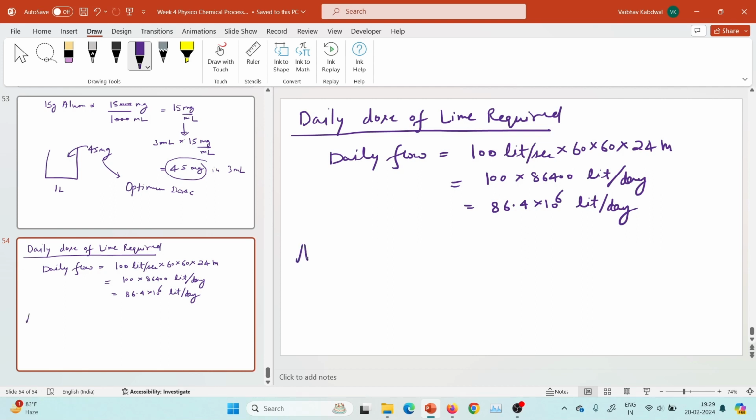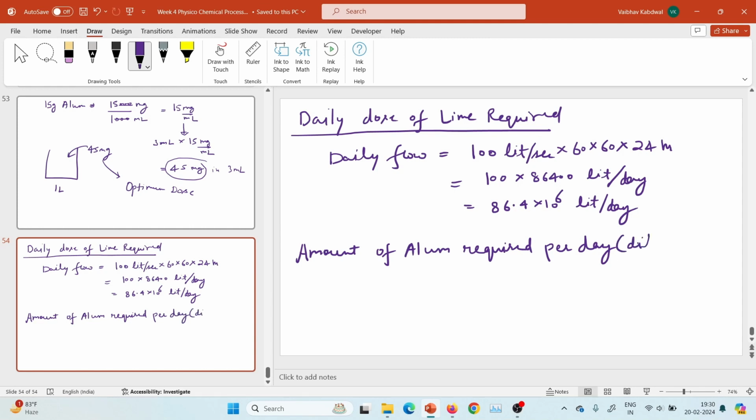So the amount of alum required per day, or we can write daily also, will be 86.4 into 10 to the power 6 liters per day.